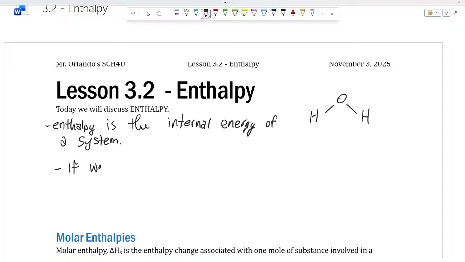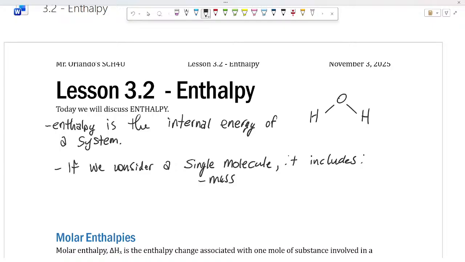If we consider a single molecule, it includes its mass, its bonds, heat energy, pressure, etc. So it's all of the energy inside of a system. Does that make sense?